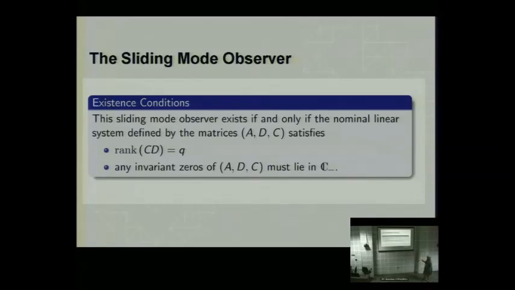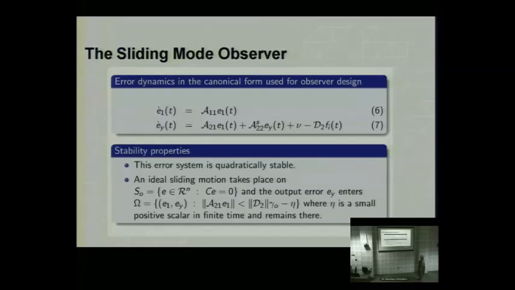But at the moment, for the development of this general FDI scheme, we're assuming this rank condition holds, and that if we have any invariant zeros, they're in C minus.